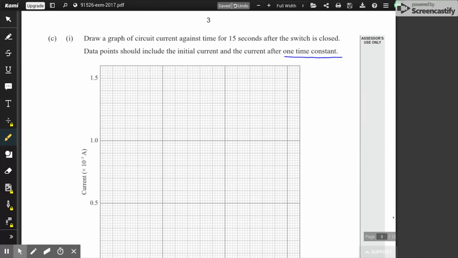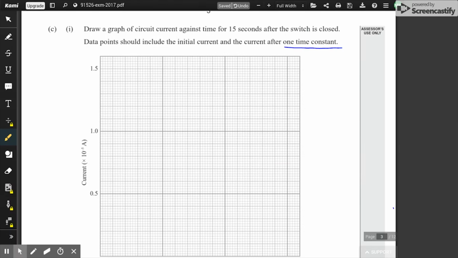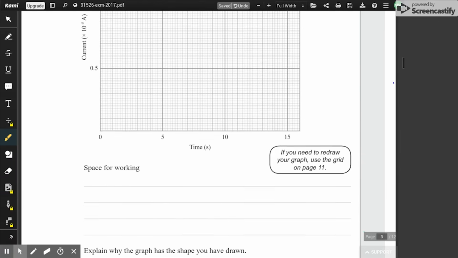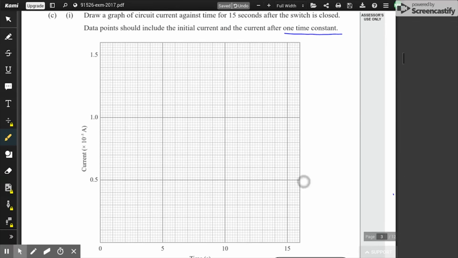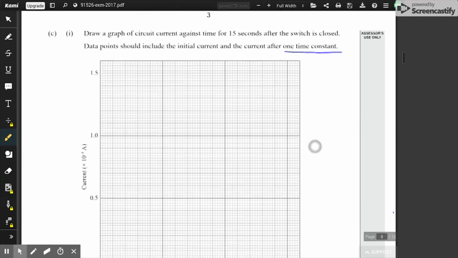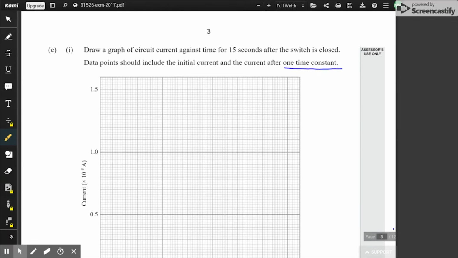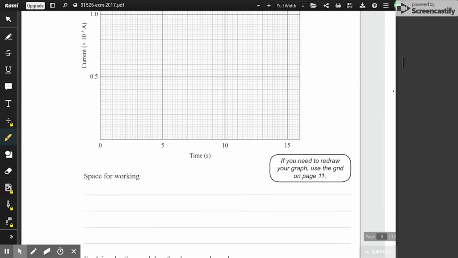Alright, draw a graph of circuit current against time for 15 seconds after the switch is closed. Data points should include the initial current and the current after one time constant. Okay, so the first thing we need to know is exactly what the time constant is.